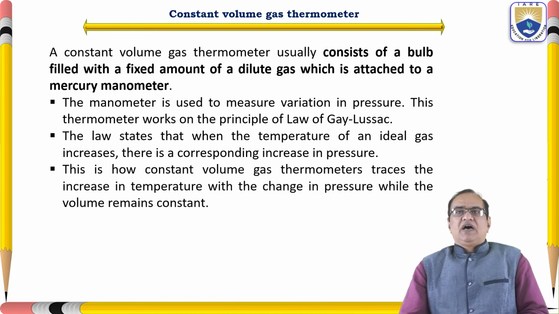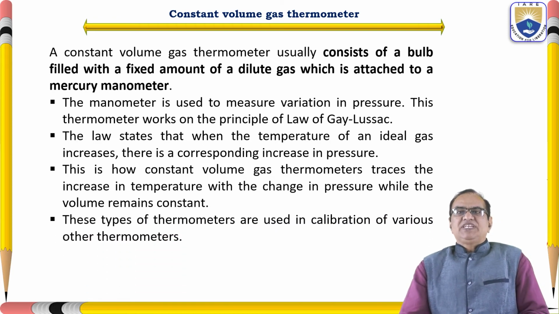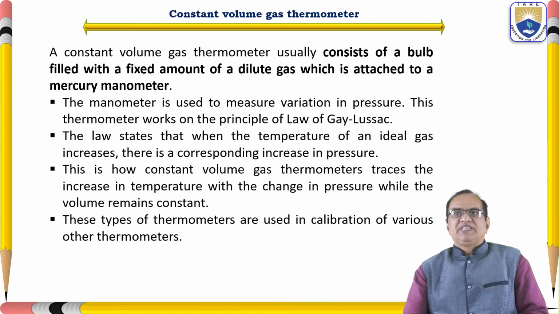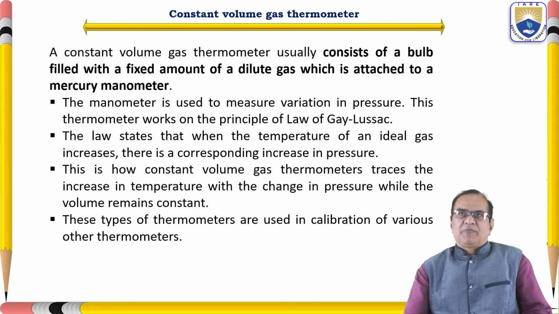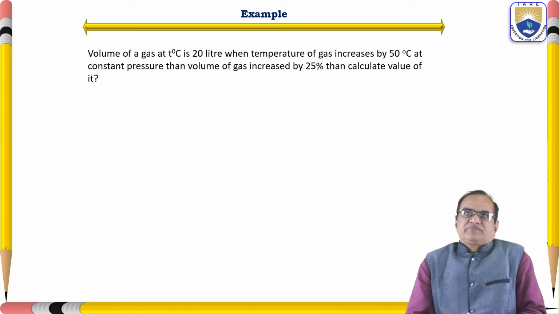This is how a constant volume gas thermometer traces the increase in temperature with the change in pressure while the volume remains constant. These types of thermometers are used in calibration of various other thermometers. So these are used for this purpose. It is called a constant volume gas thermometer.